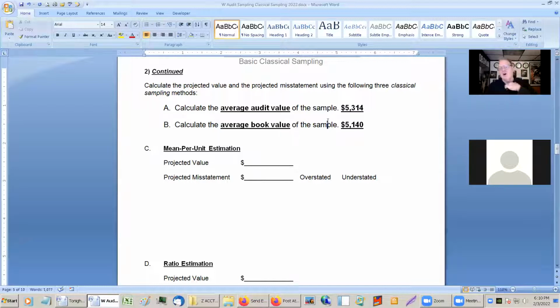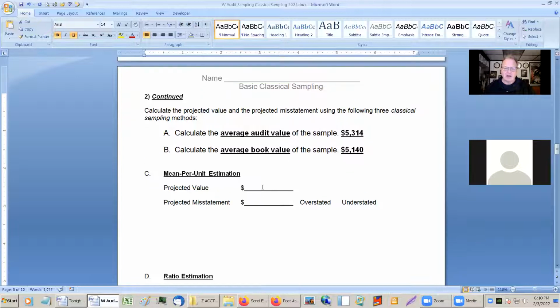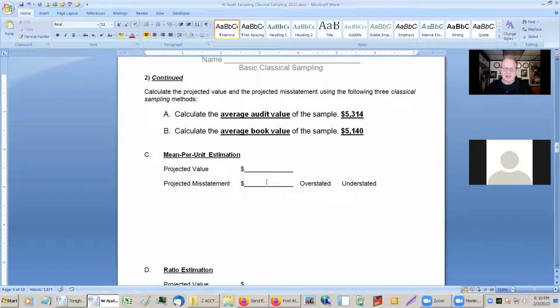Now, the mean per unit one is saying, okay, we're just going to use our numbers. We're going to ignore the book value, it has nothing to do with what we're looking at. We just looked at our number, what we came up with. This is a number we're more confident in. And so we're going to use that to find the projected value.